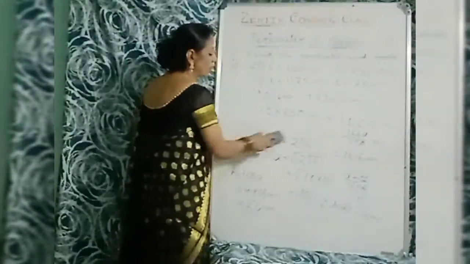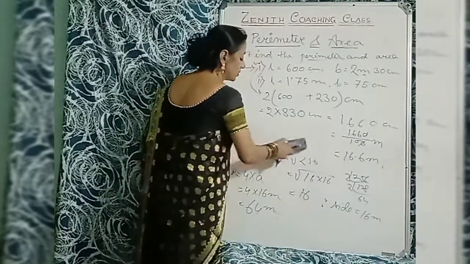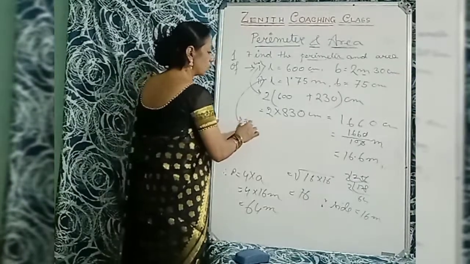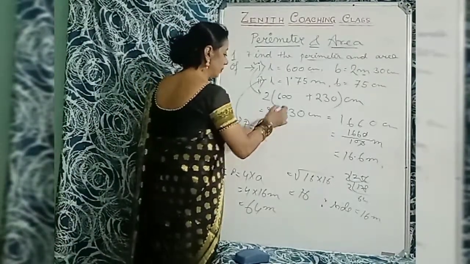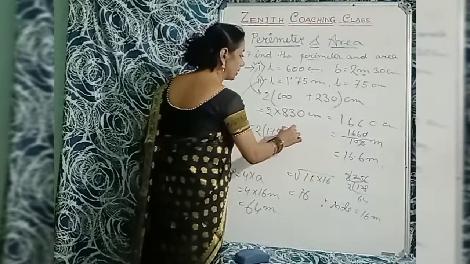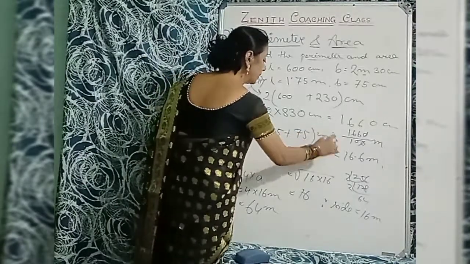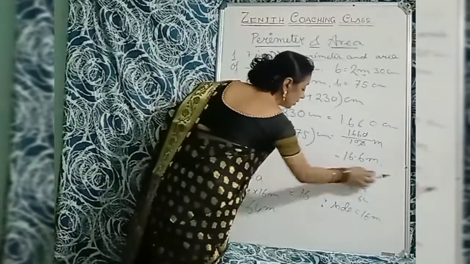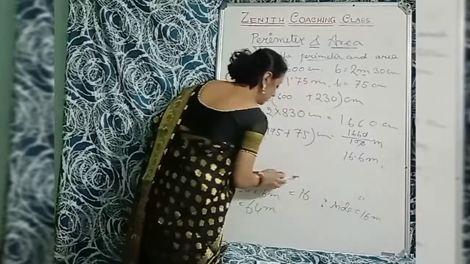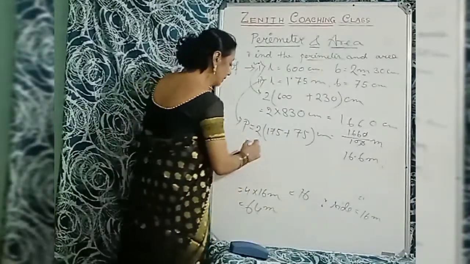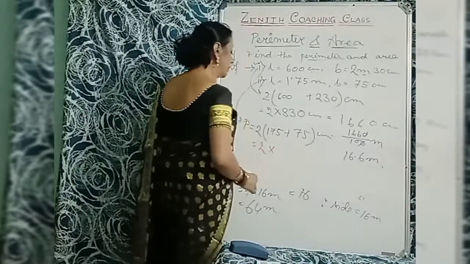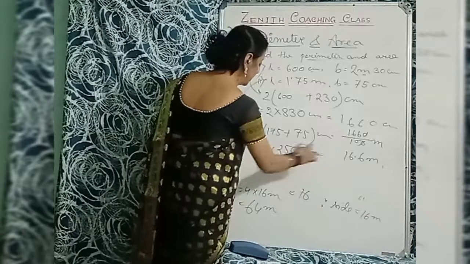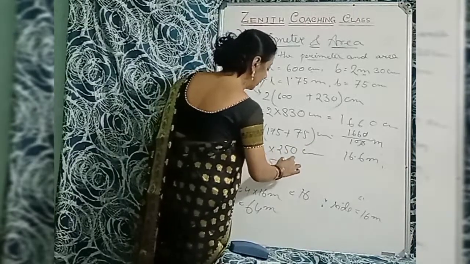It is the same thing with the second question also. Length equals 1.75 meter and breadth equals 75 centimeter. So perimeter, question number 2, equals 2 into (length plus breadth), that is 2 multiplied by (175 centimeter plus 75 centimeter), that is 2 multiplied by 250, equals 500 centimeter.